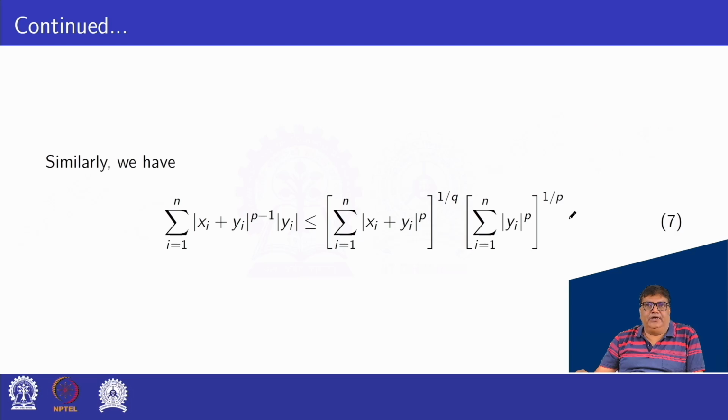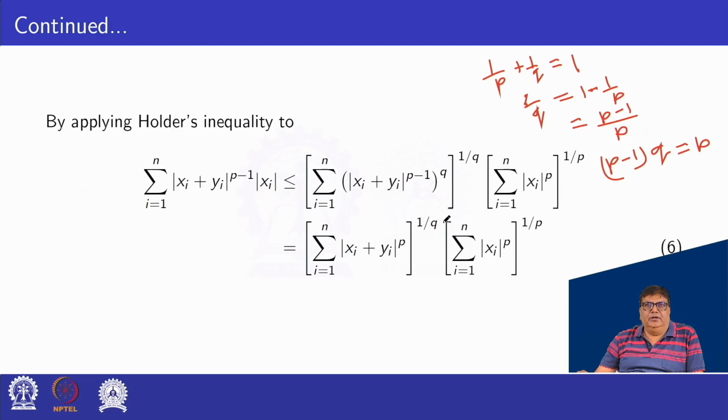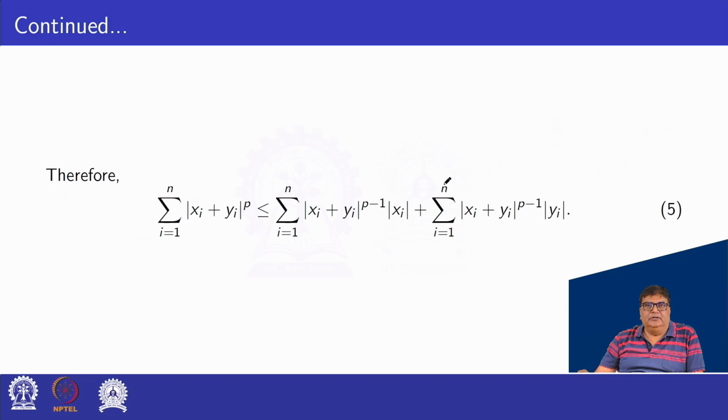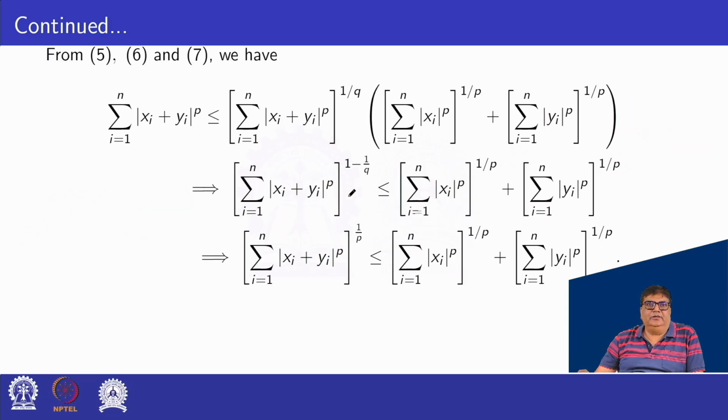So using equations 5, 6 and 7, putting the values of these in equation 5, we get the summation i = 1 to n |xi + yi|^p ≤ (summation |xi + yi|^p)^(1/q), which is common, into [(summation |xi|^p)^(1/p) + (summation |yi|^p)^(1/p)].